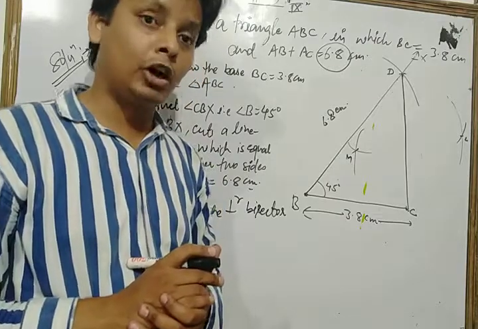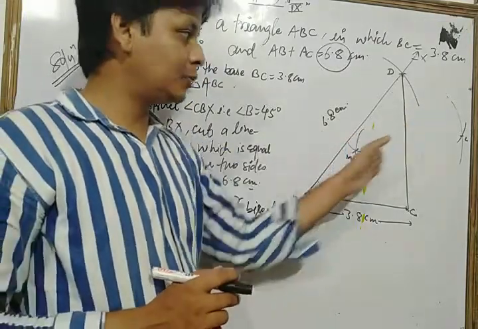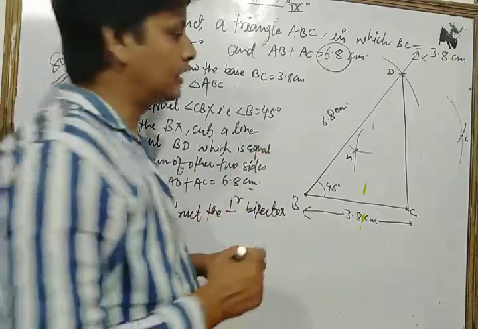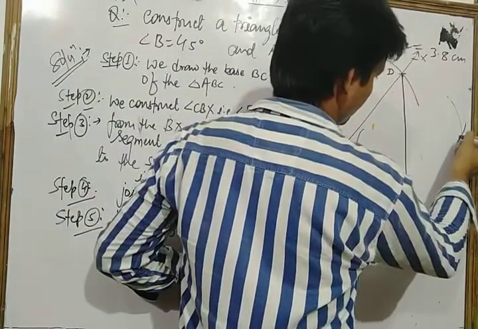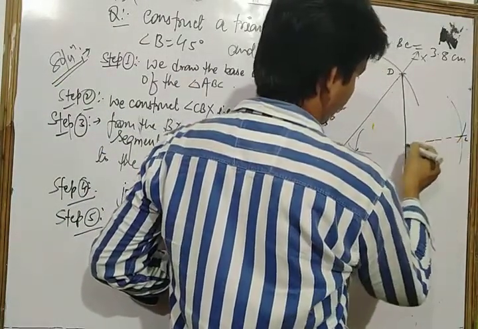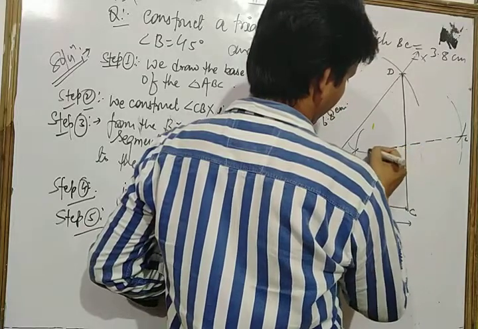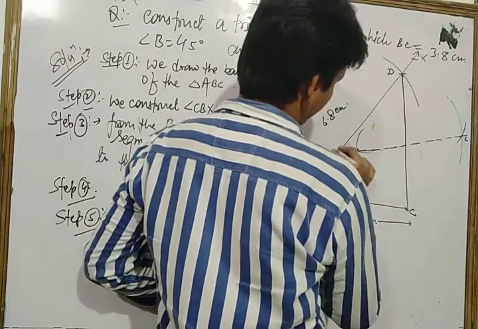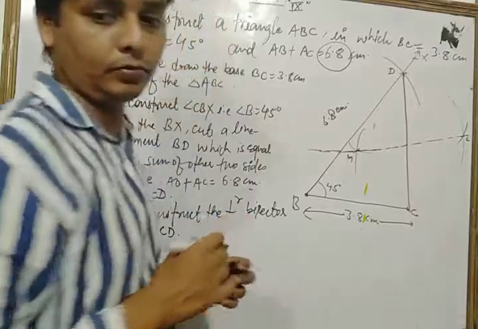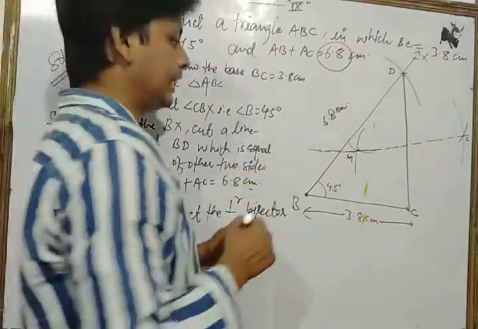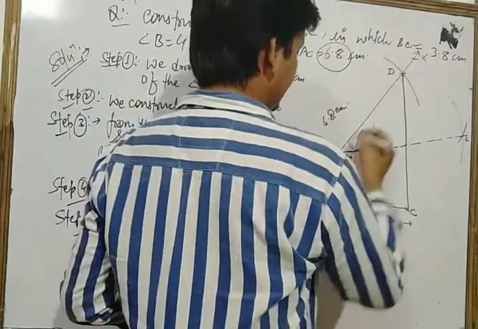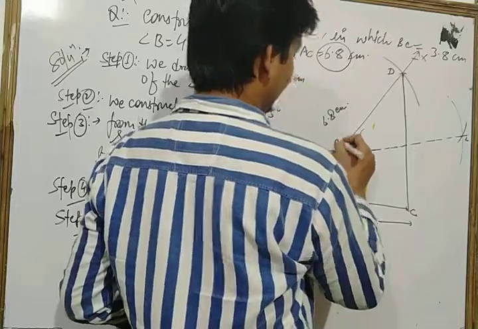Now we join these two points LM and produce to some distance, then it intersects BD at point A.